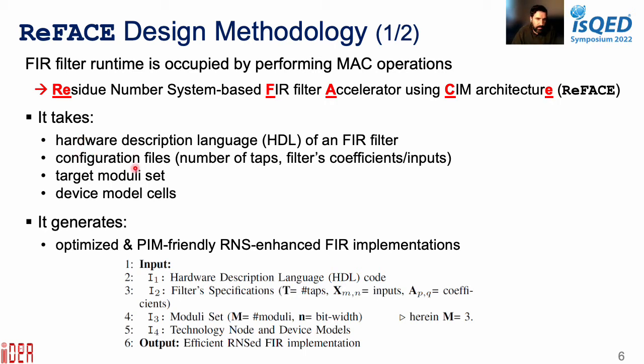ReFACE takes these four inputs: a hardware description language, HDL, representation of an FIR filter, configuration files, including the number of taps, coefficients, inputs, target modular set, and device model, including non-volatile, volatile memories, this kind of thing. And finally, it produces an optimized and PIM-friendly RNS-enhanced FIR implementation.